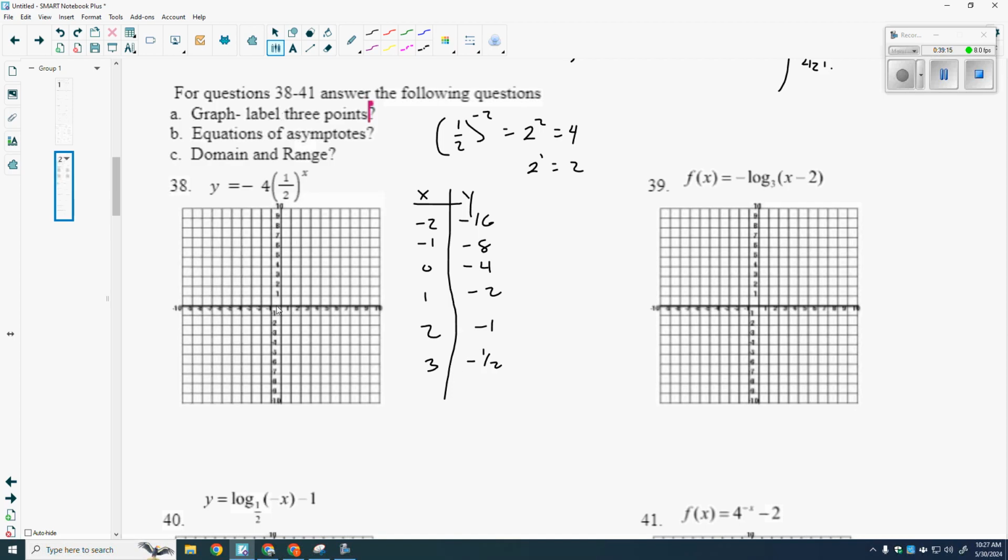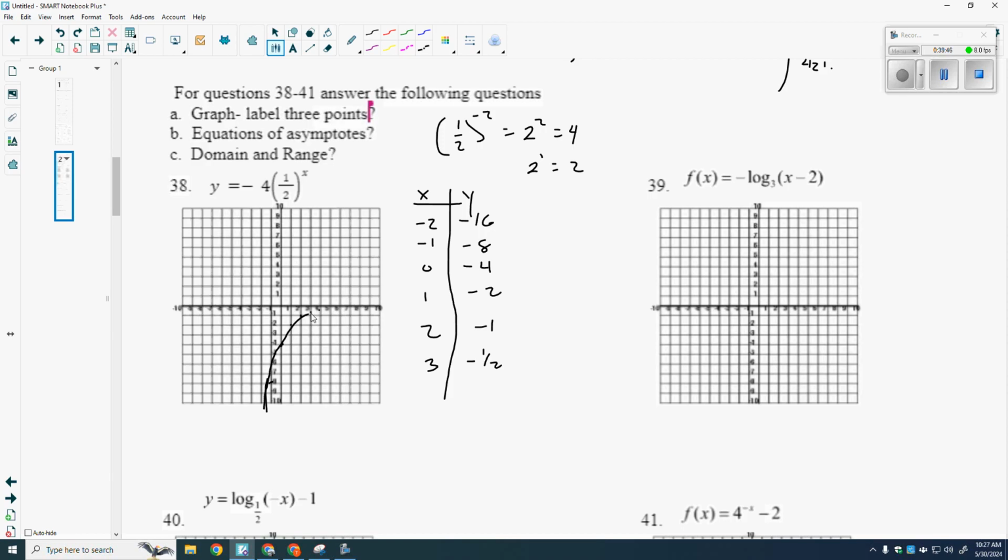Lots of points. -2, 16 is off my graph. -1, -8, right there. 0, -4. 1, -2. 2, -1. 3, -1/2, 4, -1/4, and it never hits the x-axis.